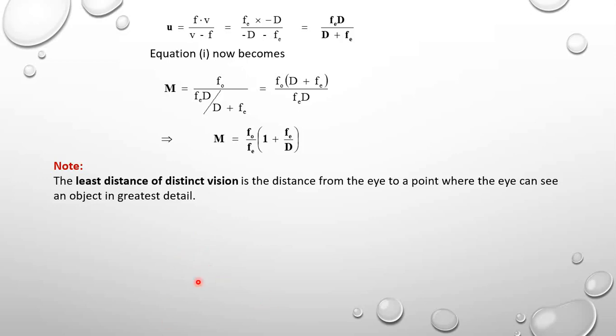And that distance is about 25 centimeters for a normal adult eye, but less for younger people. So that distance D is usually 25 centimeters for a normal adult.